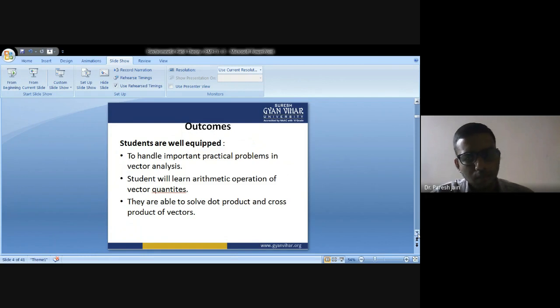They are able to solve the unit vectors, and after some practice, a student will learn the simple problems, and they are able to solve problems on vector calculus.